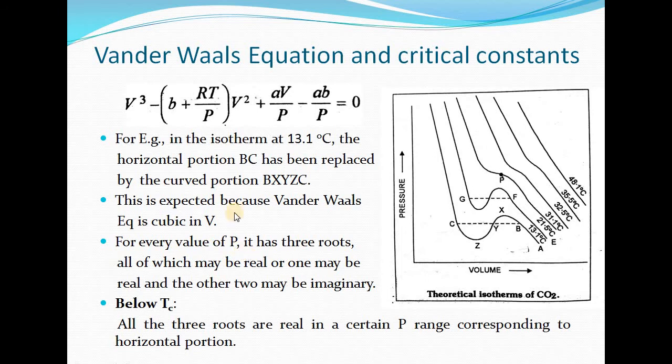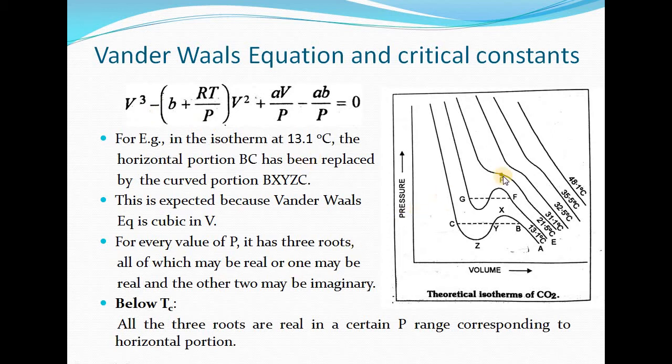For every value of P, we will get 3 roots of volume V. All of these 3 roots may be real, or there may be a chance that one root is real and the other 2 are imaginary.